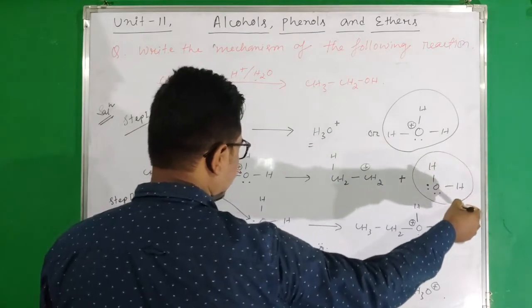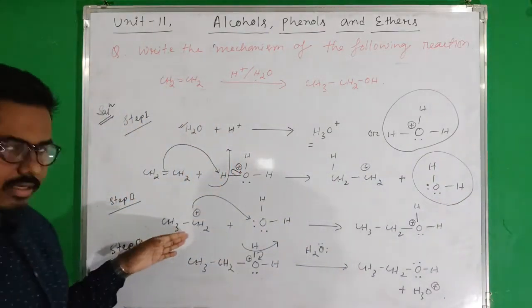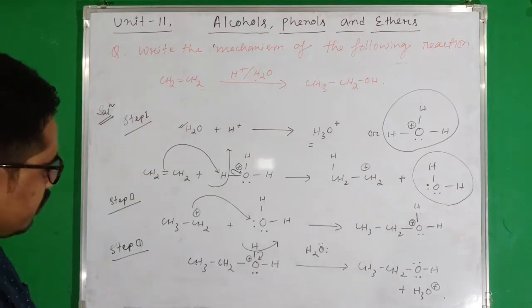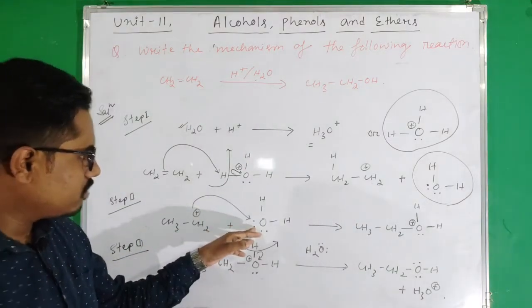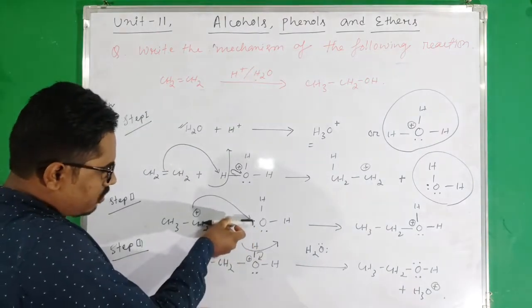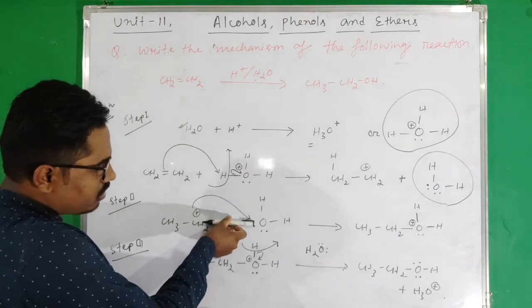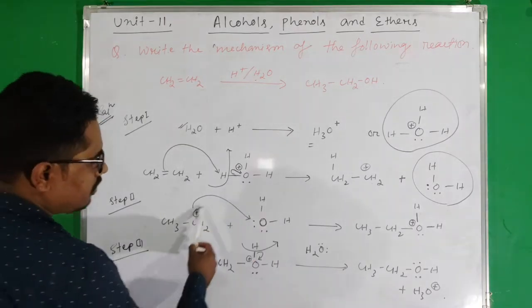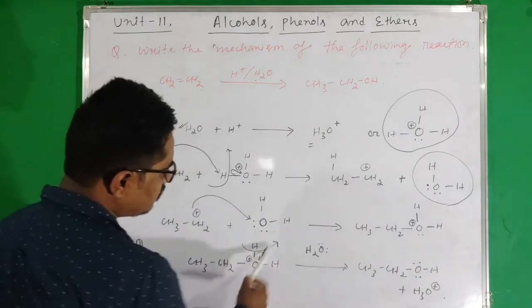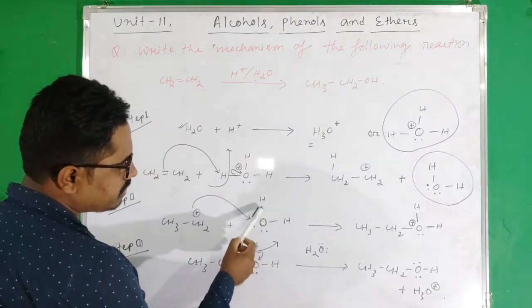we will observe the release of water molecule. Now this carbocation is very active and it will attract the lone pair of water, resulting in a bond between the carbon and the oxygen, and due to formation of this bond, this oxygen will lose its electrons. Initially this oxygen has 6 valence electrons, that means 1 2 3 4 5 6.